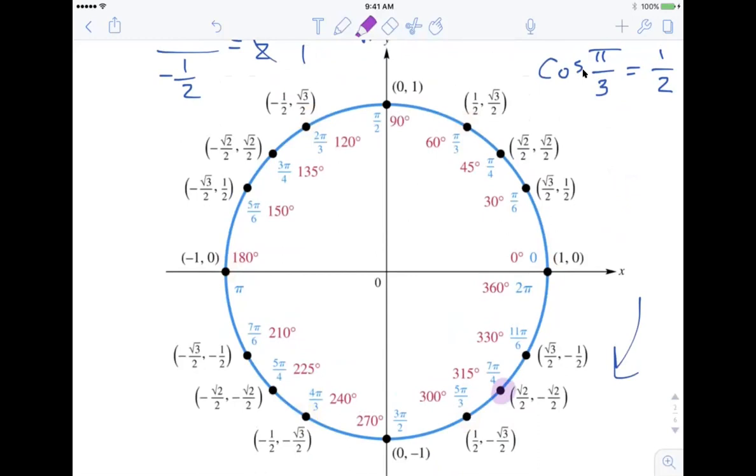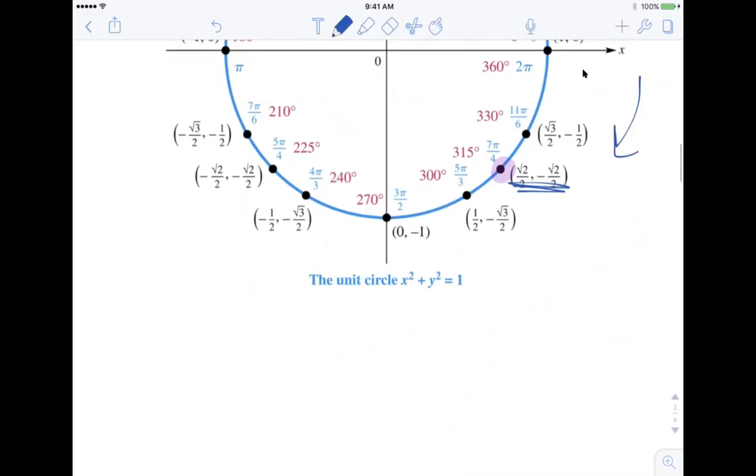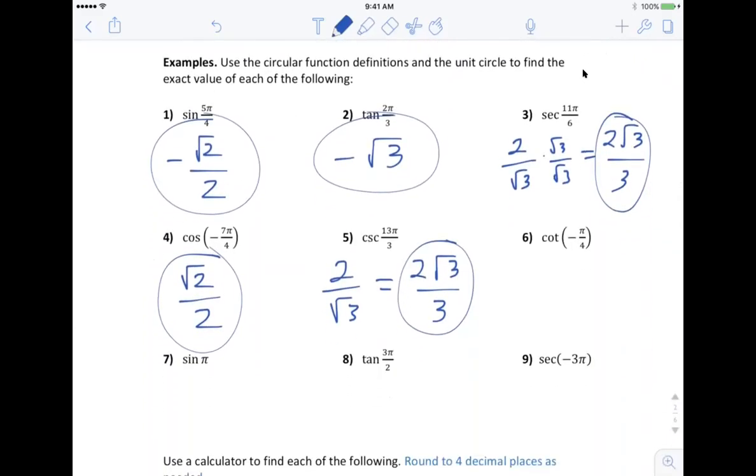Tangent is y over x. Cotangent is x over y, okay? And I can then, again, kind of like tangent, just ignore your denominators and just do the ratio of the numerators, or it's just the same value, right? So it's going to reduce to 1, but I'm kind of thinking of it in that way, right? Root 2 divided by root 2, but that one was negative. So this is just negative 1.